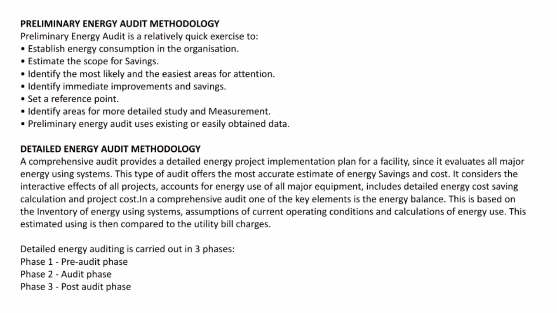Then this estimate is compared with the previous actual bill charges or the previous energy use, so that we can make out the areas where improvement is needed and carry out further improvement in those particular areas. So here, detailed energy auditing is carried out in 3 phases: pre-audit phase, audit phase, and post-audit phase.